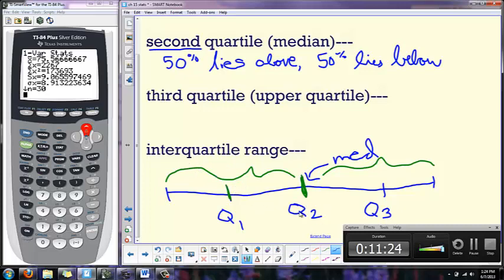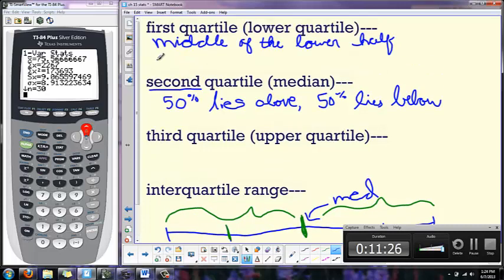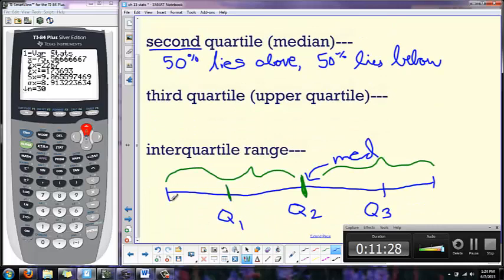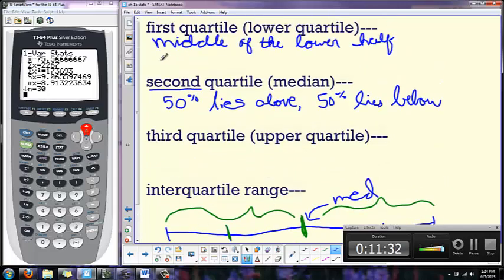And what that also means is that if you take a look at where it is in terms of all of the data points that we have, 75% of all the data that we have lies above it. And 25% of all the information that we have lies below it.